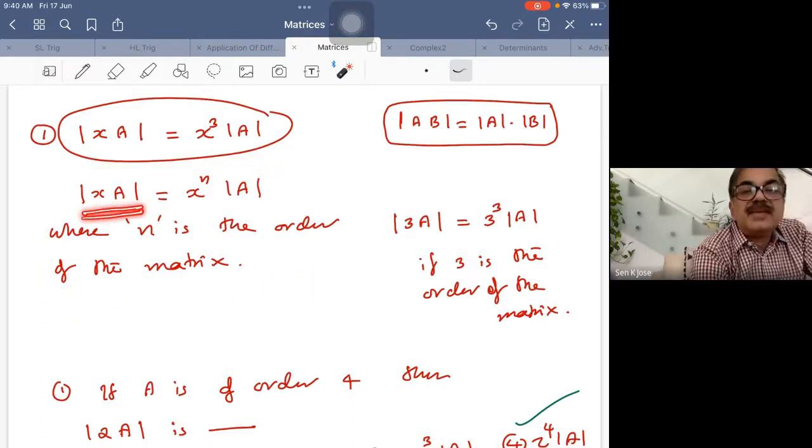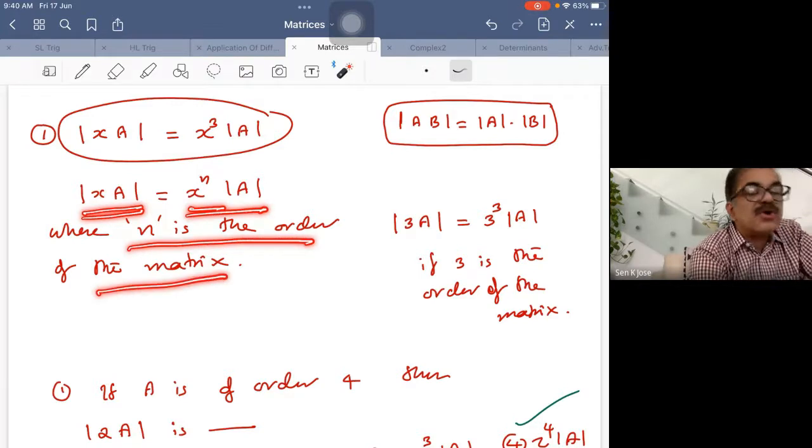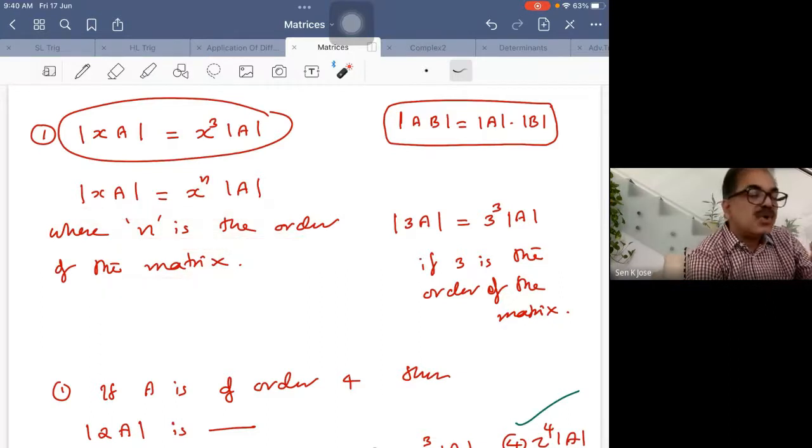Determinant of x times A will be x raised to n times determinant A, where n is the order of the matrix. If it is a square matrix of order 2, it will come out as x squared. If it is a third order matrix, x cubed. Depending on the order, if the order is n, it is x raised to n.